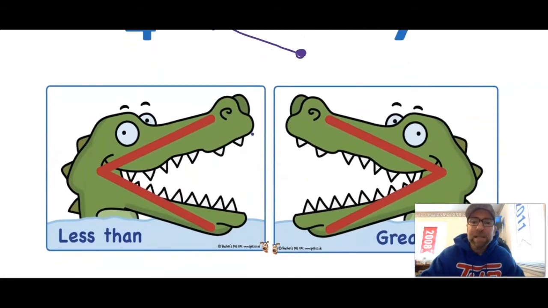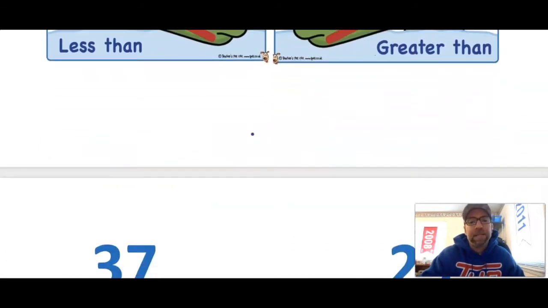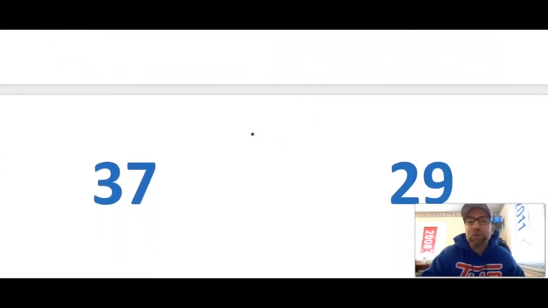Awesome job. Let's try another one. This time, I want you to write these numbers on your whiteboard and leave a big space in the middle. We have the number 37 on one side, and we have 29 on the other side.